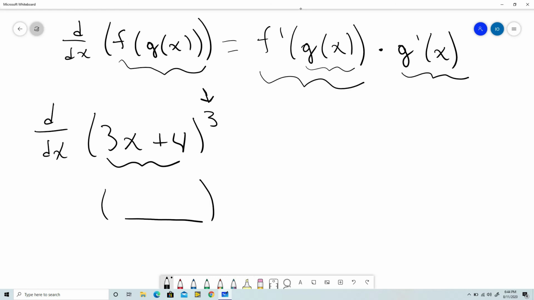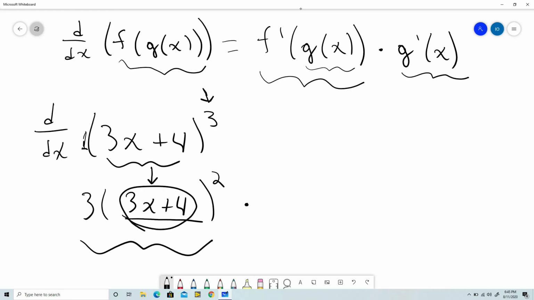We're going to multiply 3 by the coefficient, which is 1 right here. So the coefficient would just be 3. And then you would subtract the exponent by 1. You would get 2. Now you just leave the function alone, 3x plus 4, and now you're done with the first factor. Then you're going to multiply it by the derivative of 3x plus 4. So then that would just be 3.